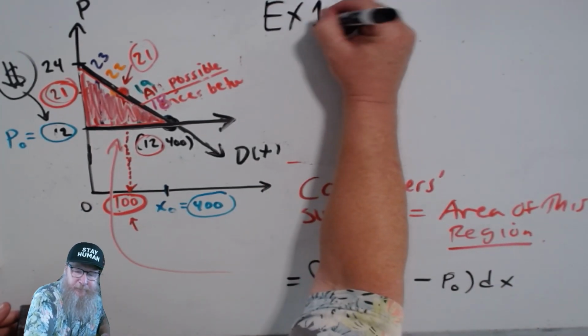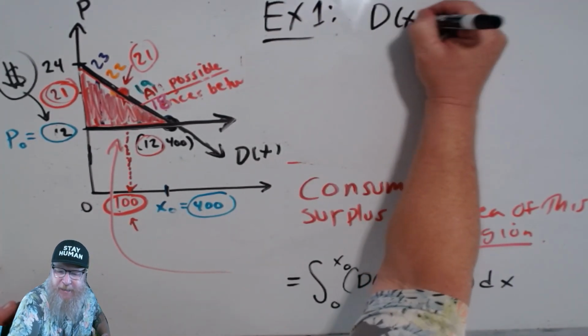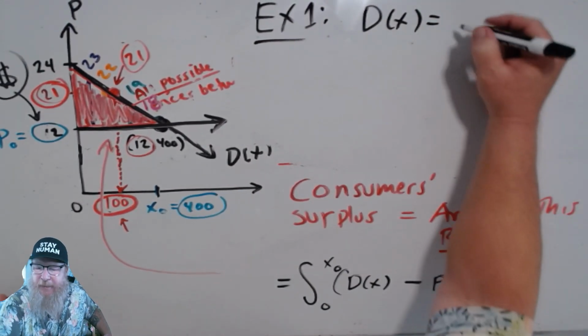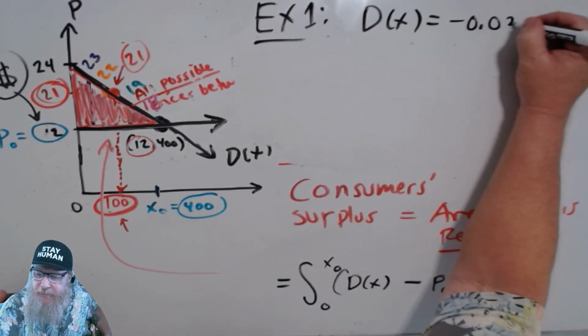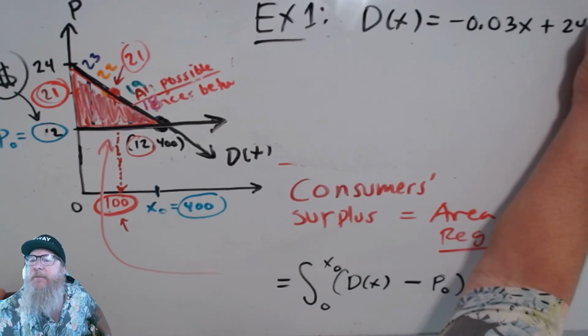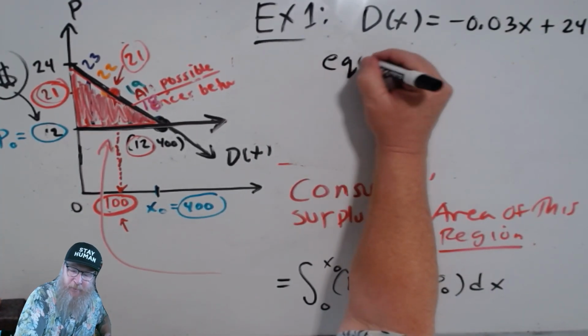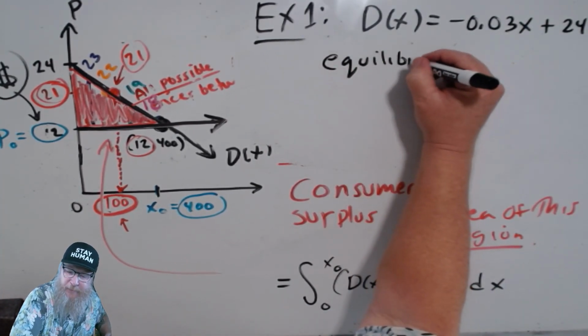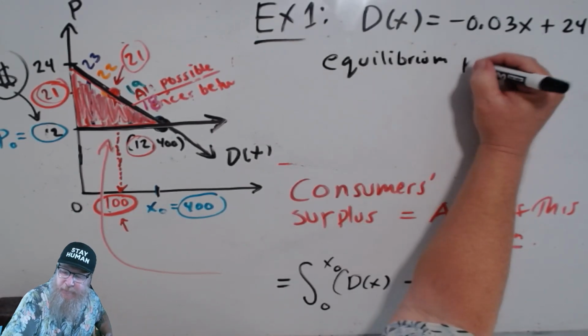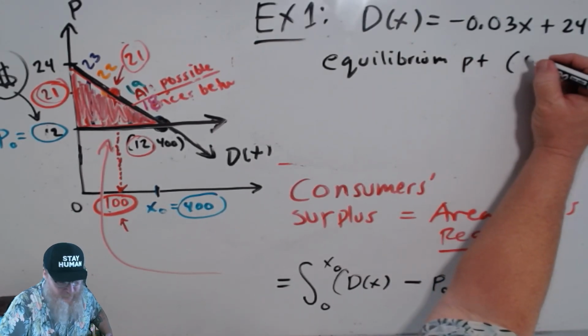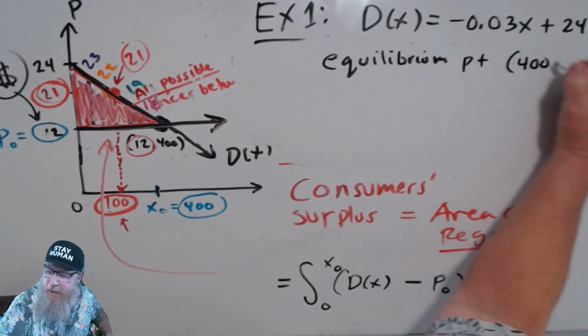Example 1. D of x is negative 0.03x plus 24. Equilibrium point is 400, 12.